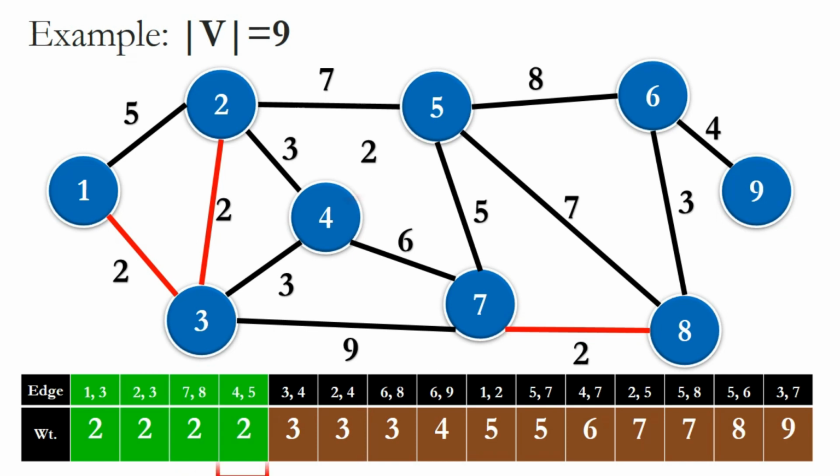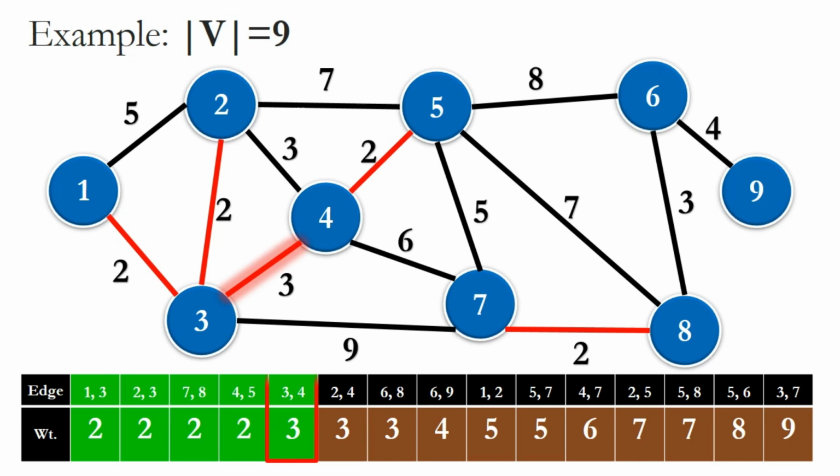Next element is from vertex 4 and 5 with the value of 2. Kung mapapansin natin, it doesn't form any cycle. Kaya sa vertex 4 and 5 is included to the spanning tree. Let's proceed to next element, the value of 3 from edge reference vertex 3 and 4.